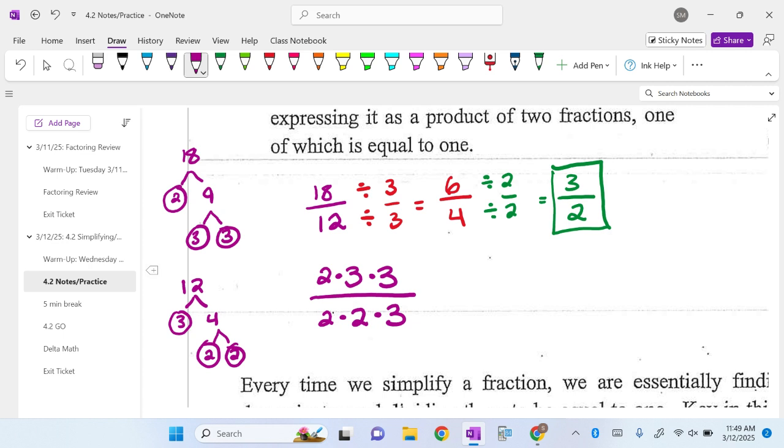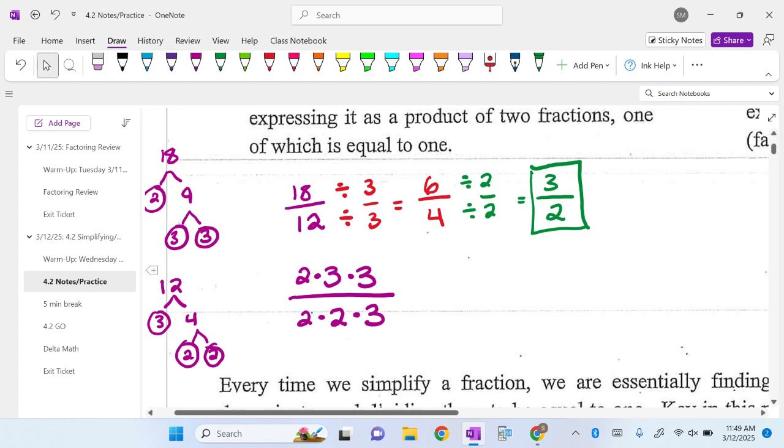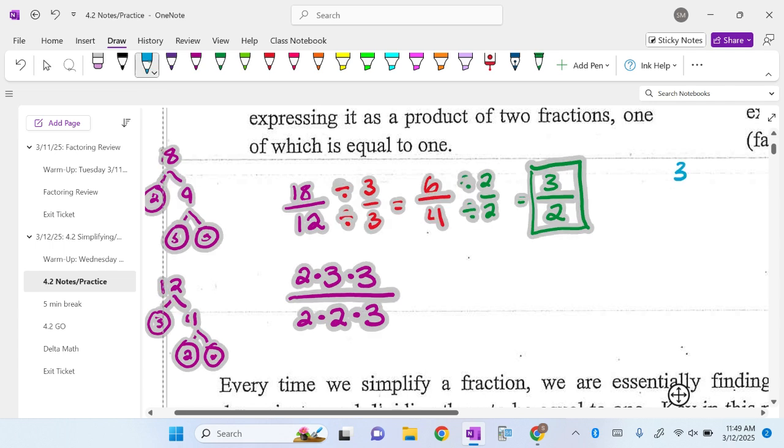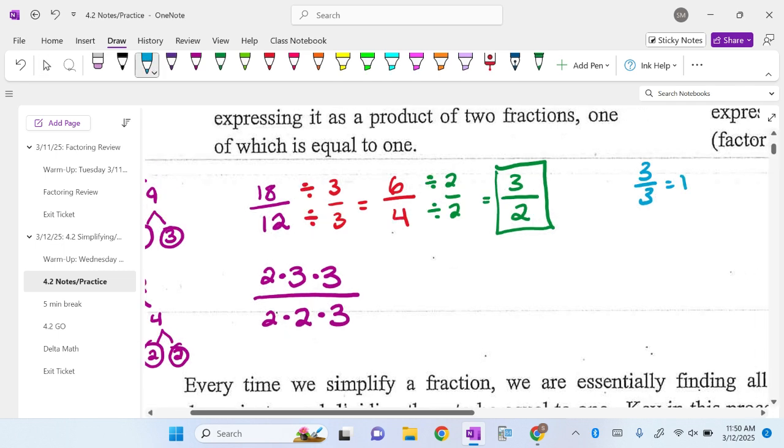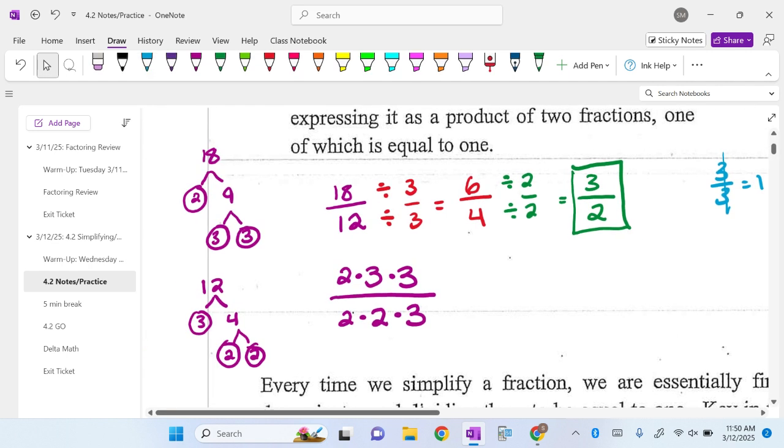Now, what happens when you have the same number over itself? What does that equal? So if I have 3 over 3, what does that equal? 1. So could I not say that they cancel each other out because anything times 1 is itself? Isn't that true? That is true. So guess what?